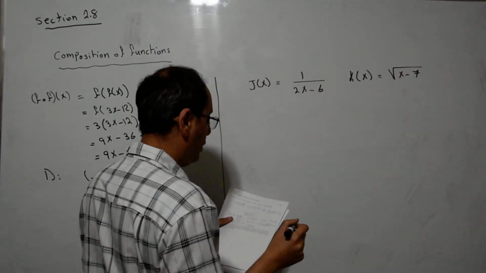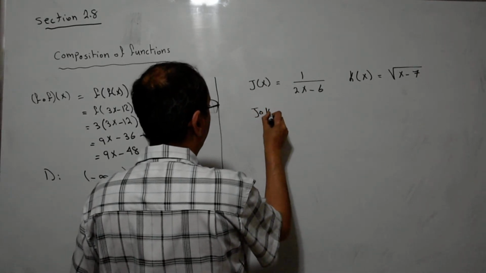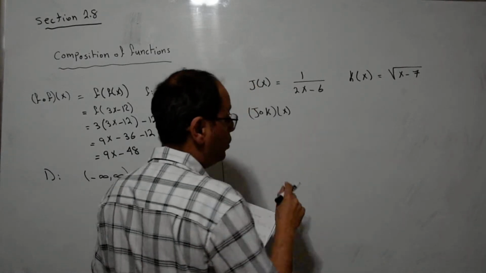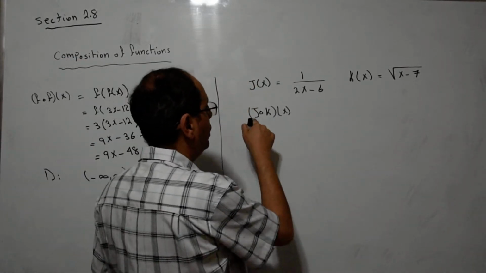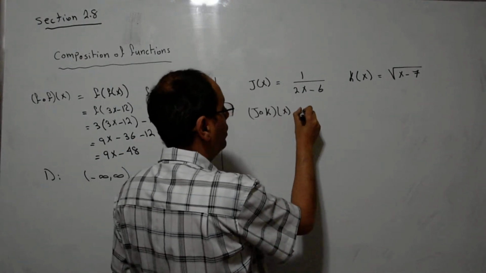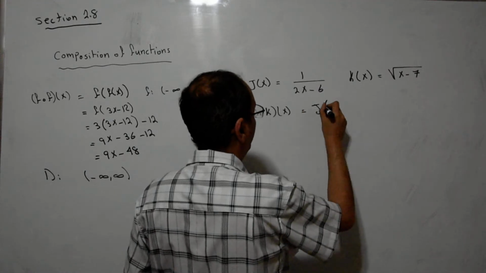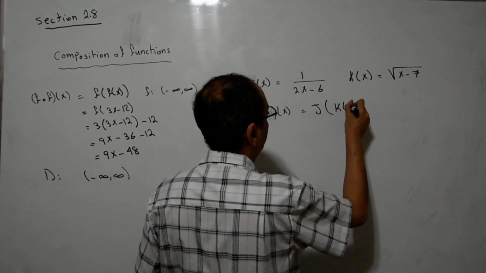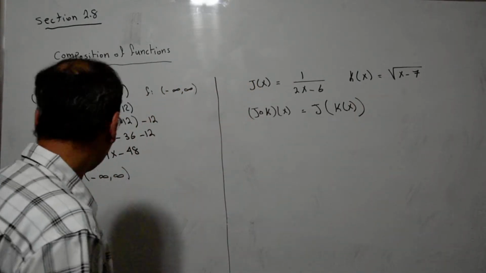So I want to get j compound k of x and its domain. So first of all, j compound k of x is j of k of x.